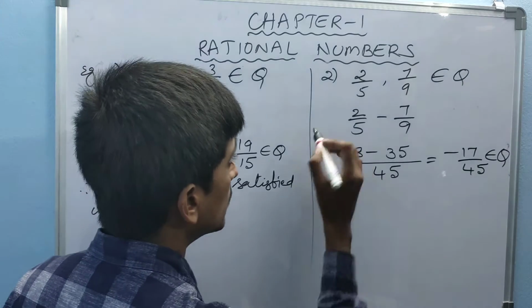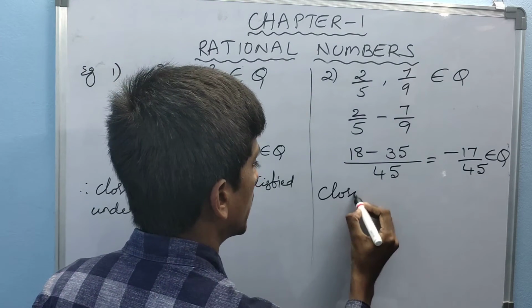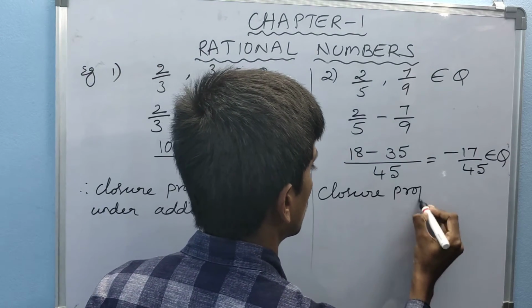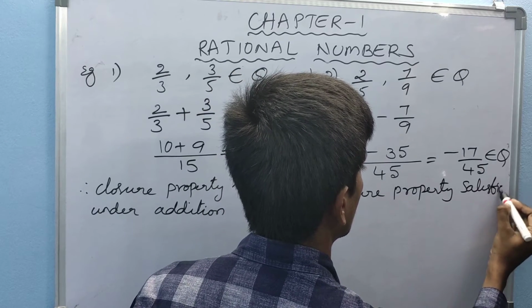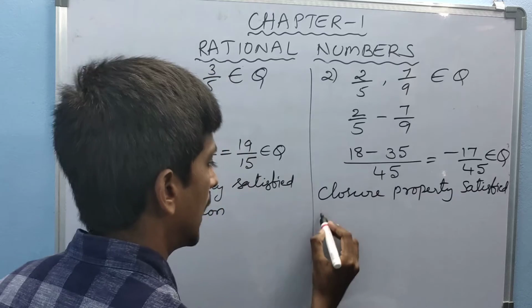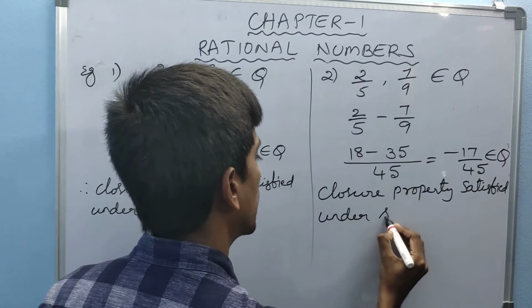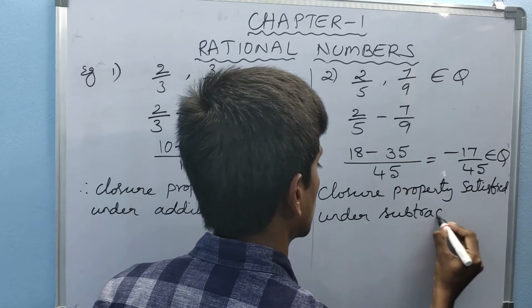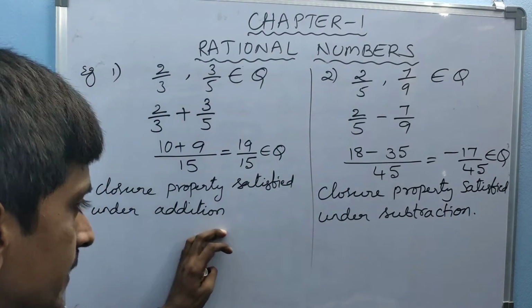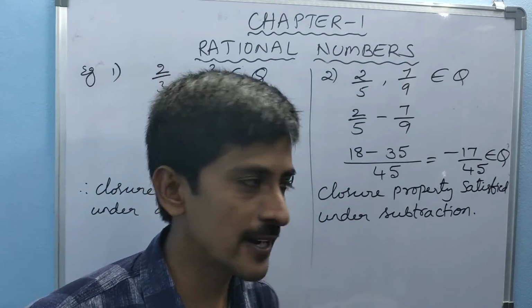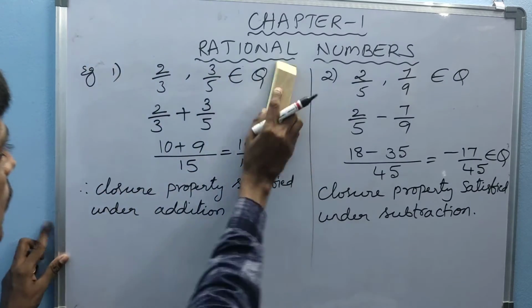So the closure property is satisfied under subtraction. The closure property is satisfied under addition and also under subtraction.